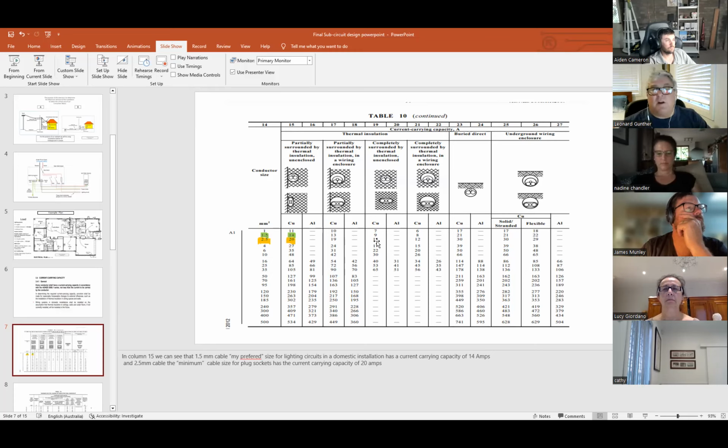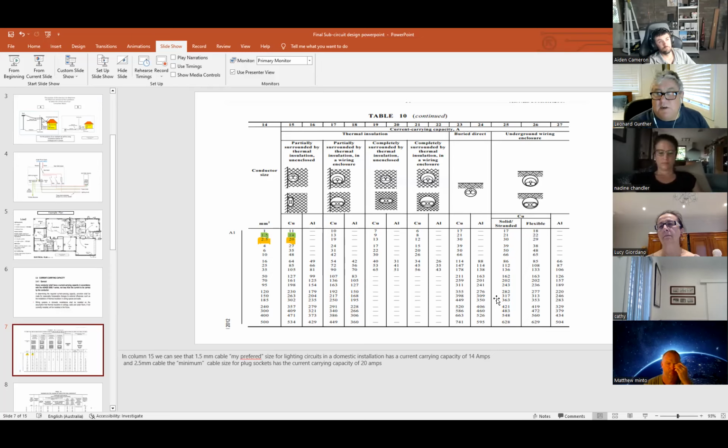That dropped the current carrying capacity down, the circuit was drawing so much power that it overheated and caught on fire. That's the issue when they say it's an electrical fault. It's more of an overload of the cable's current carrying capacity. So everyone good with that? Yep.